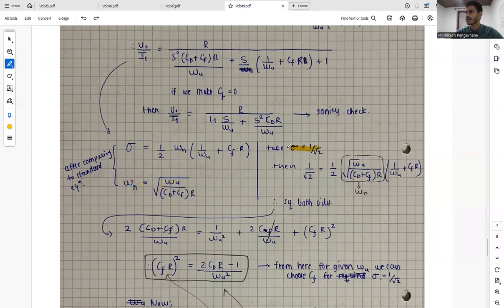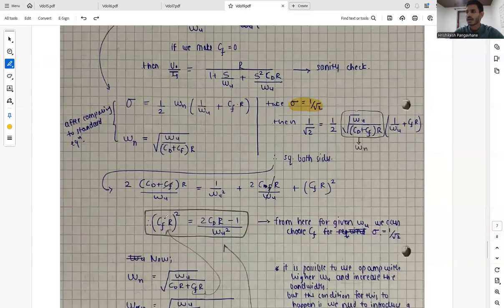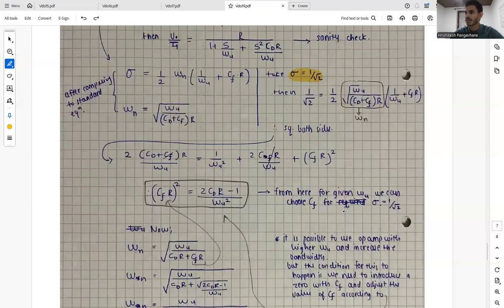Then we consider a case where we need our sigma to be 1 by root 2, and when we compare this and square both sides, we get this kind of equation, from where we can say that our CF times R square is equal to 2 CDR minus 1 times omega u. And from this equation, for a given value of omega u, we can choose the value of CF for sigma to be 1 by root 2.